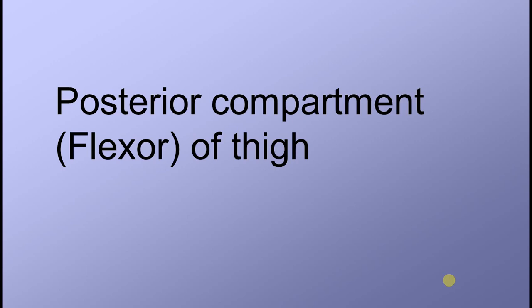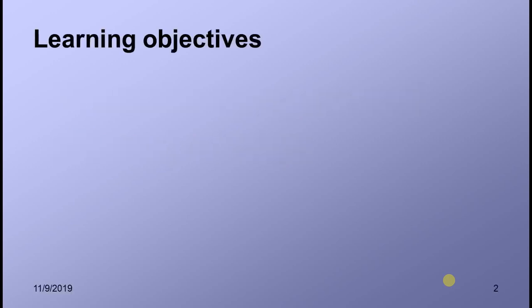This is Dr. BK for you with another lecture on the lower limb. So today we are going to discuss the posterior compartment of the thigh, also called the flexor compartment.